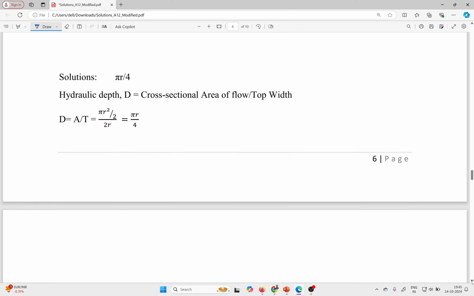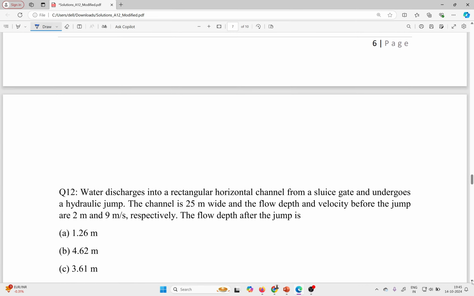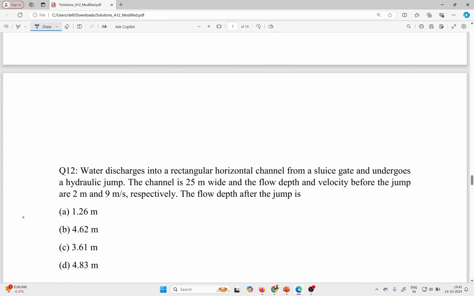Now we'll move on to the next question, question number 12. Question number 12: water discharges into a rectangular horizontal channel. Wait 1 minute. Yes, the discharge into a rectangular channel from a sluice gate undergoes a hydraulic jump.